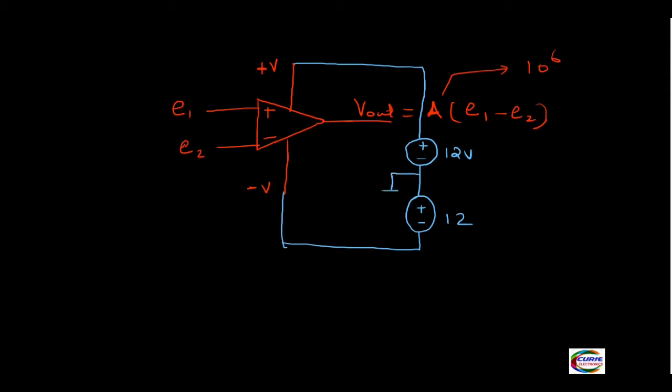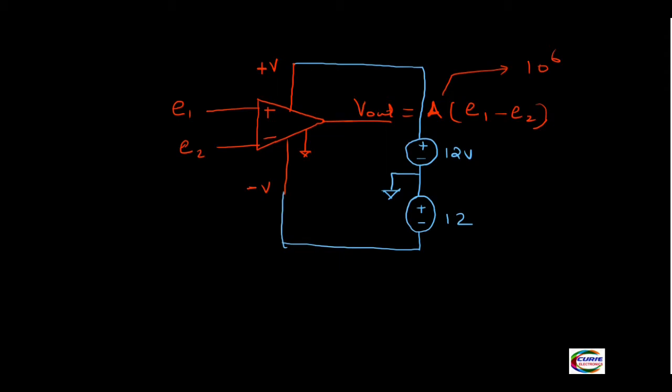And this is the ground. The ground is understood to be there, and the output V out will be with respect to ground. That's what we make the measurement against.